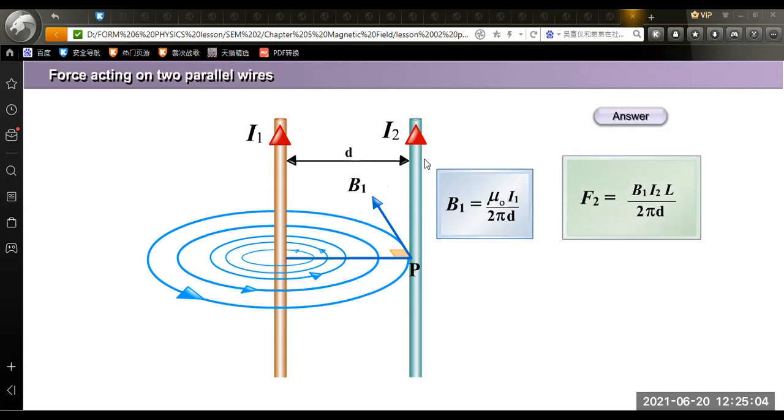So F2 will be equal to B1, the magnetic field produced, that means mu naught I1 over 2 pi d, times I2 L. Replace the B1 into it, so we get the force.